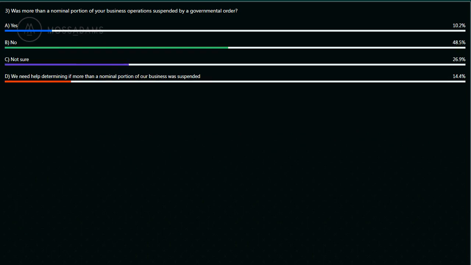Yep, right. But the idea there is to show that the number of hours worked by employees that have been suspended by government orders is 10% of the total. That's correct, yes, directly.